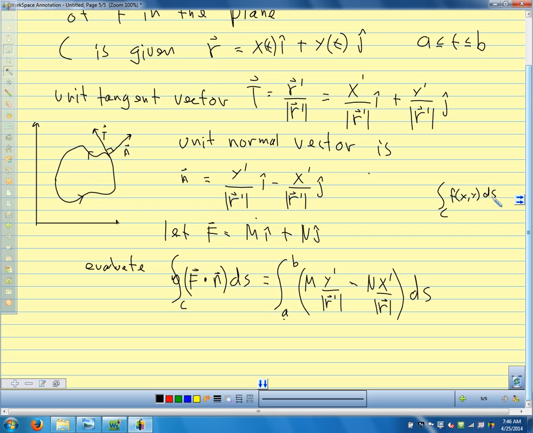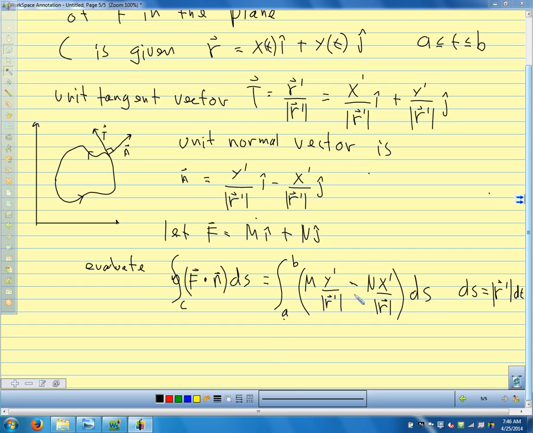And what was the quantity we used for ds? Magnitude of r prime. You're thinking of dt. Magnitude of r prime dt. So ds is the magnitude of r prime dt.